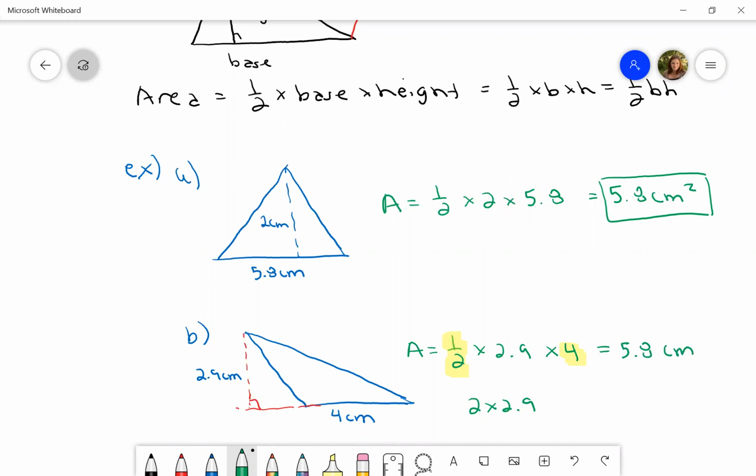Exact same measurement. And I think that was intentional, by the way, for this particular problem. They had the same area, but different measurements. All right. Okay, so we'll stop there and then we'll pick up and finish the areas and looking at different shapes in the next class.